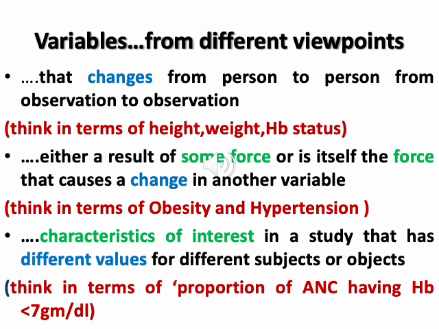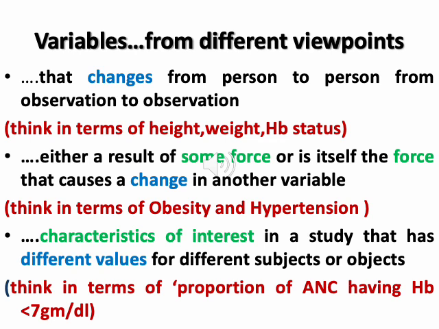So assume there are two persons, the first with a BMI of 21 and the other with a BMI of 29 or say 30.